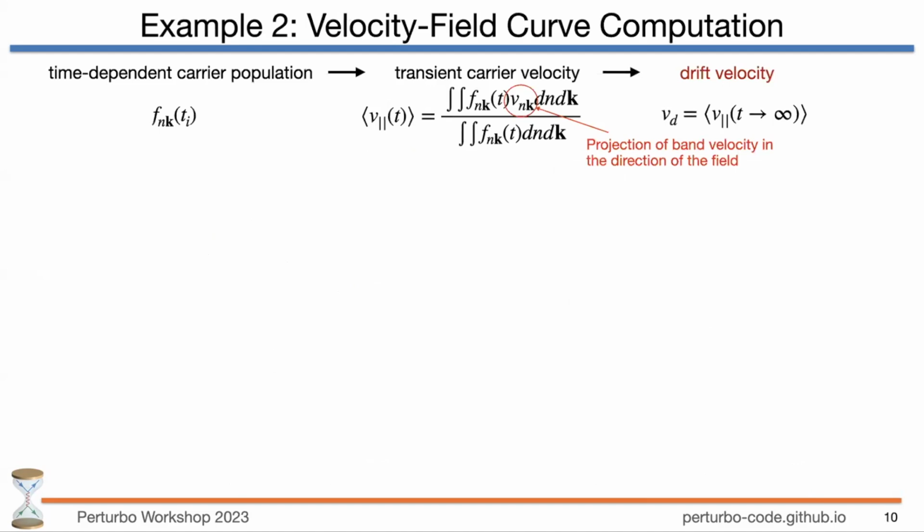So here we're using the drift velocity-field curve as an example. You want your time-dependent carrier population so that you can compute this transient carrier velocity, which at time equals infinity becomes the drift velocity of the system. So you're in a steady state.